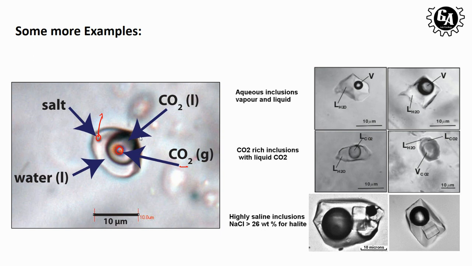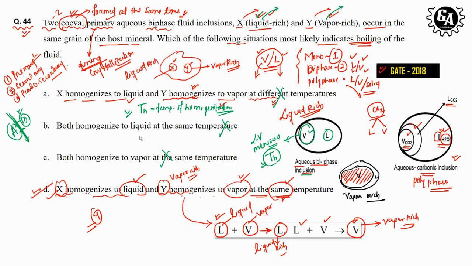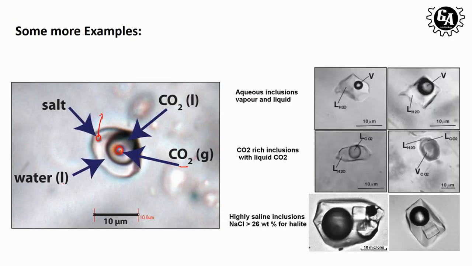Here we see vapor carbon dioxide at the center, then at the outer periphery liquid carbon dioxide, then liquid water. Water is present outside, salt further outside, then carbon dioxide liquid, then carbon dioxide gas. This is actually the sequence.